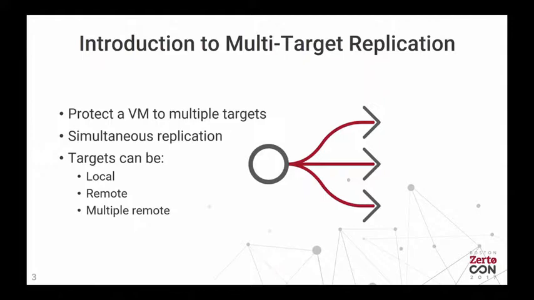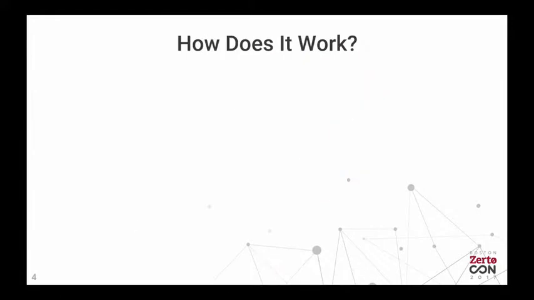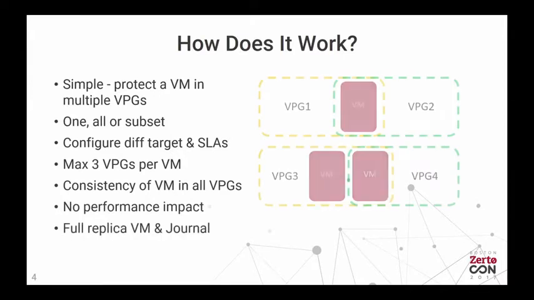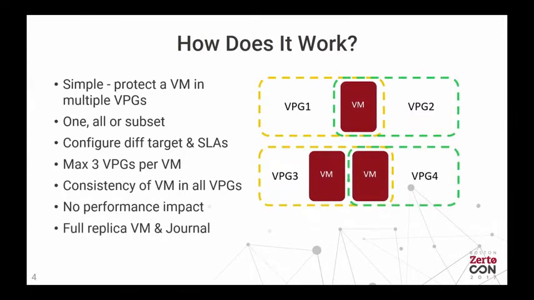So in a typical scenario, how we typically see our customers leverage our product, our virtual protection groups, our VPGs, are our consistency groups, right? You put your VMs in the consistency group, and now you have write order fidelity on the remote side, the replication, you're fully protected.